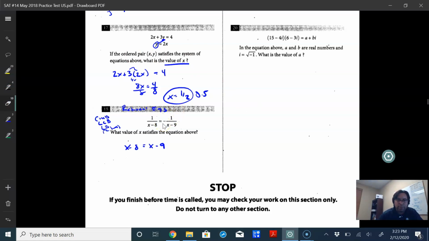Oh, that's a negative there, so sorry. So that should be 8 equals negative x minus 9. So I move the x to this side and this to this side: x plus x equals negative 9 plus 8. Combining those terms, 2x equals negative 1.